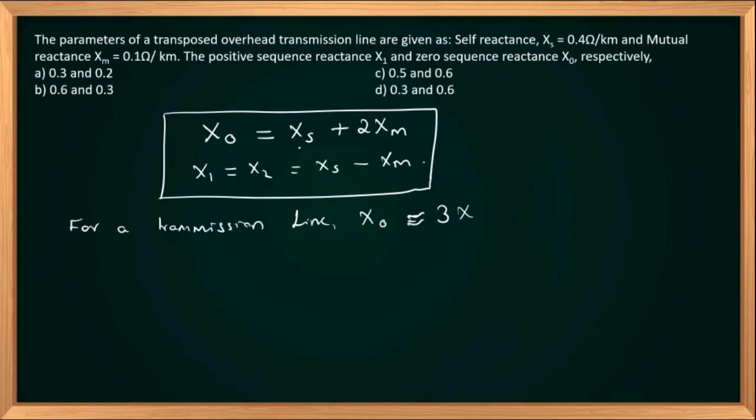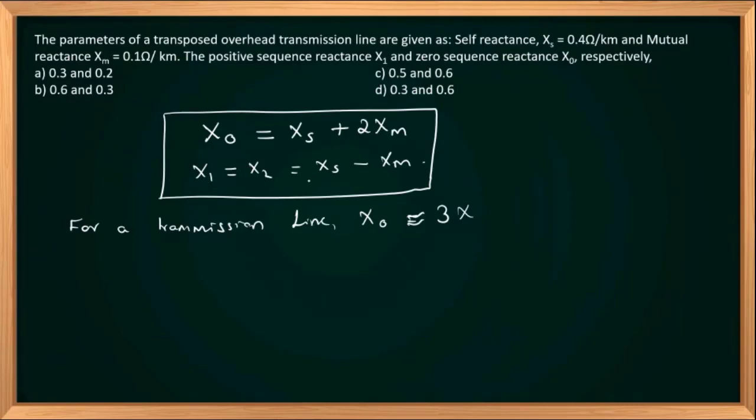So if you see the formula, it is XS plus 2 times XM ആണ് അല്ലെ. അപ്പൊ സാധാരണ അതുകൊണ്ട് തന്നെ ആ തന്നിരിക്കുന്ന സീരീസ് റിയാക്ടൻസിന്റെ 3 ഇരട്ടിയോളം ആയിരിക്കും അതിന്റെ സീറോ സീക്വൻസ് റിയാക്ടൻസ് നോർമലി. ഓക്കെ, പോസിറ്റീവ് സീക്വൻസ് റിയാക്ടൻസും നെഗറ്റീവ് സീക്വൻസ് റിയാക്ടൻസും ഈക്വൽ ആയിരിക്കും കേട്ടോ. സിൻസ് ഇറ്റ് ഇസ് എ static device, transmission line is a static device, so the X1 will be equal to X2. Positive sequence and negative sequence reactance are equal.